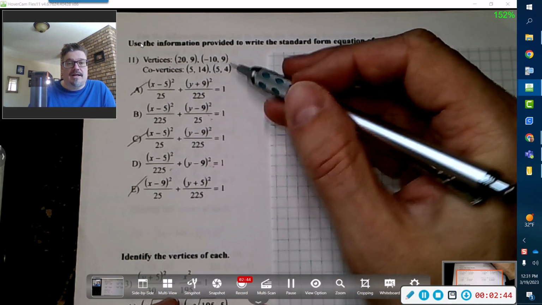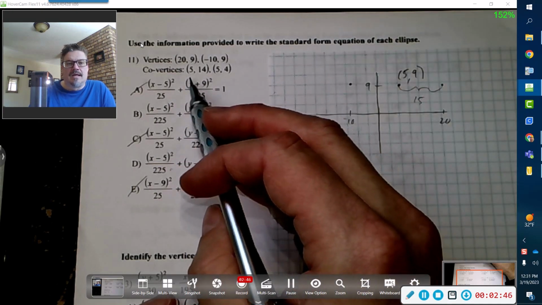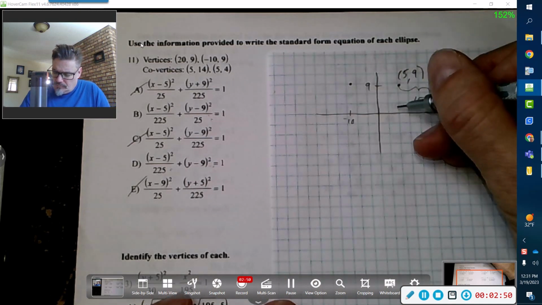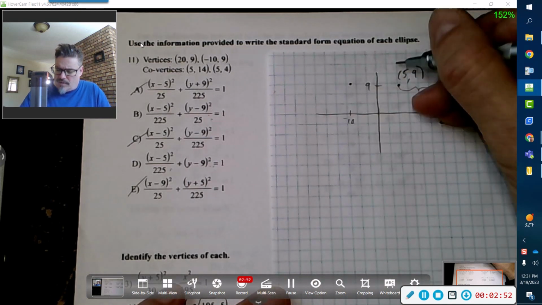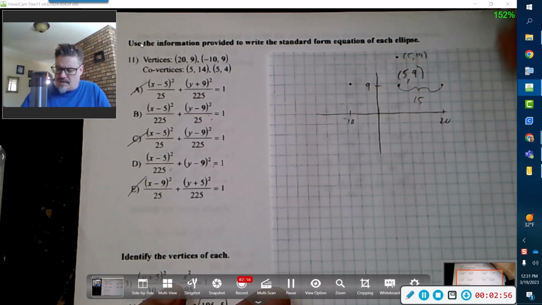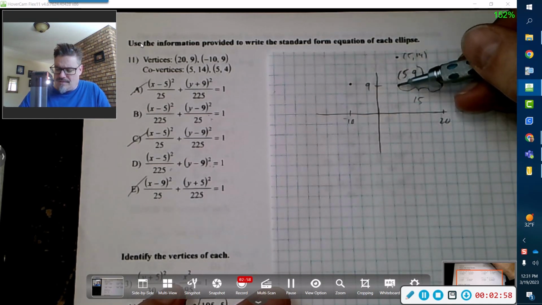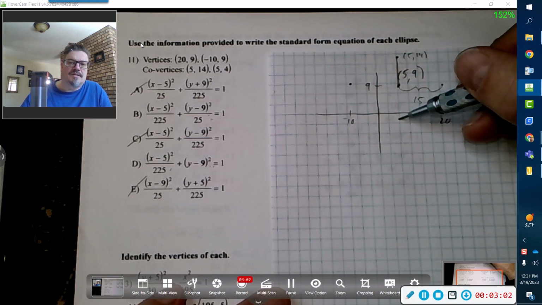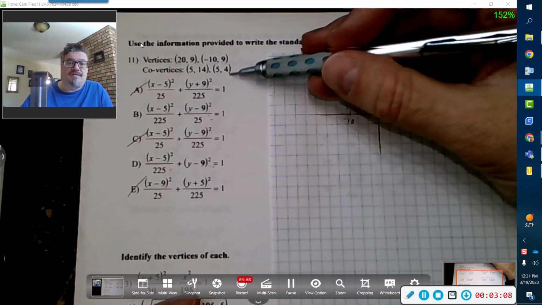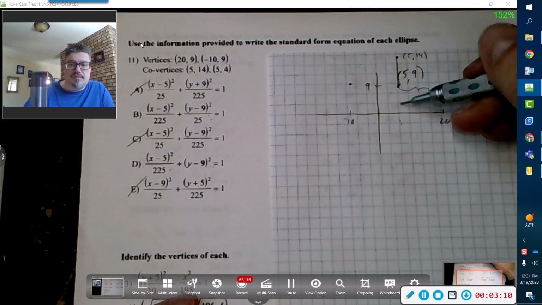So let's check out and look at the co-vertices. It looks like I'm at 5, 14, so I'm all the way up at 14. That actually should be enough. How far is that? That's a distance of 5. I don't even need to know where this guy is. I know he has to be 5 this way in order to be an ellipse, and that would put me at 4.